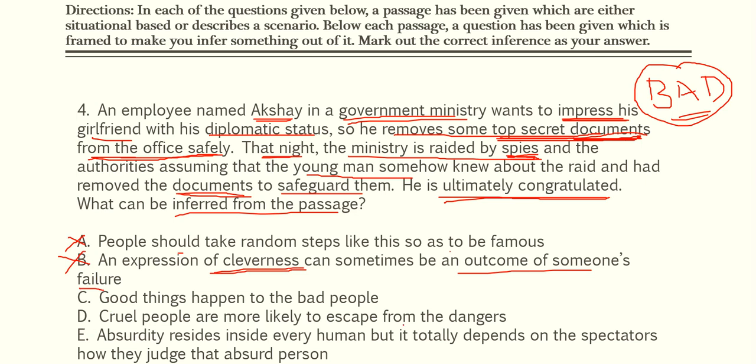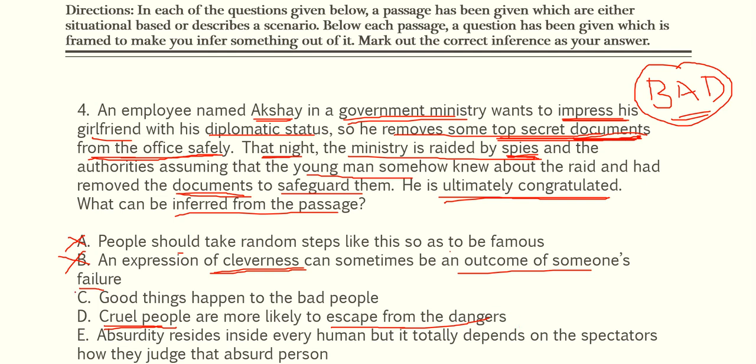Cruel people are more likely to escape from the dangers. भाई ये कहाँ पे बताया गया है पैसेज में? कहीं पे भी मेंशन किया है that cruel people are more likely to escape the dangers? No, we cannot assume it, right? Suppose such a thing had happened in our lifetime, where we have experienced that cruel people are more likely to escape the dangers, but we cannot just make it out from our mind that it had happened in the past, so it must be true.